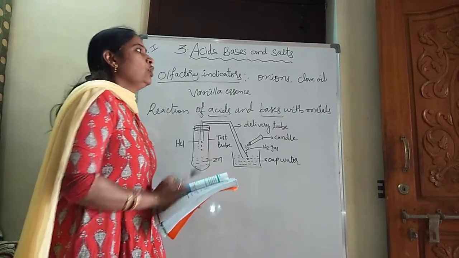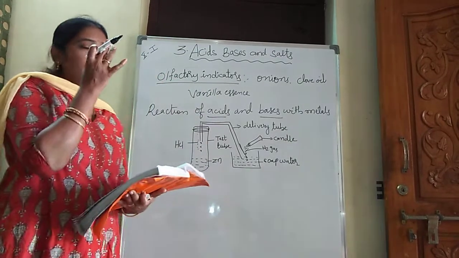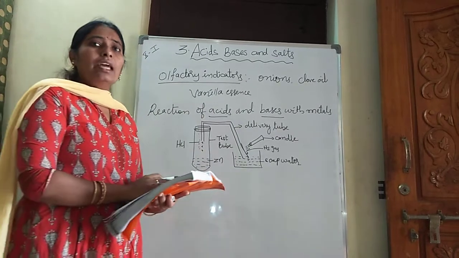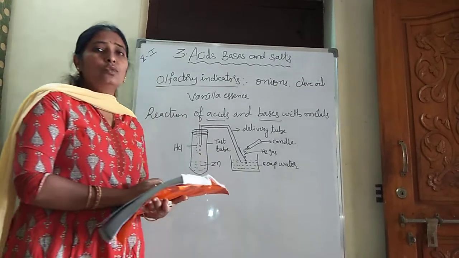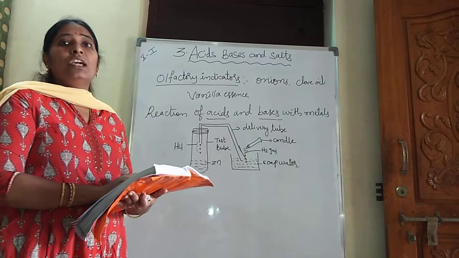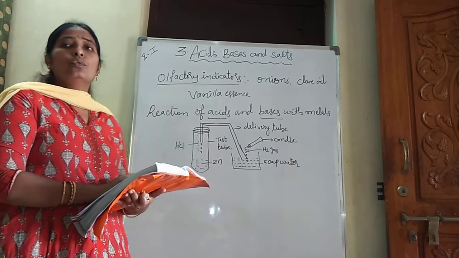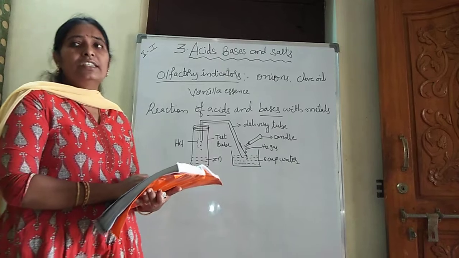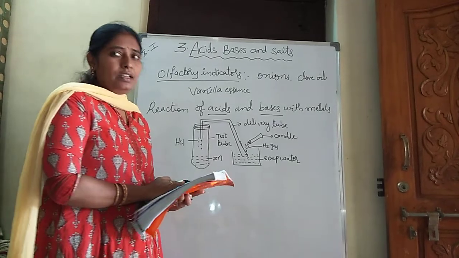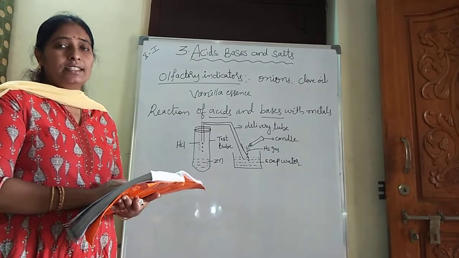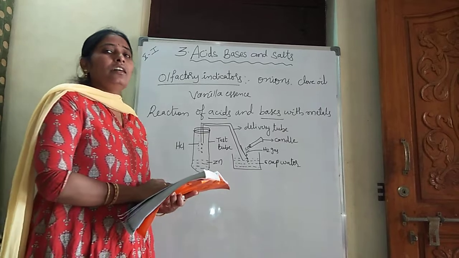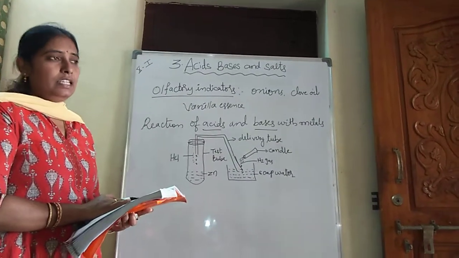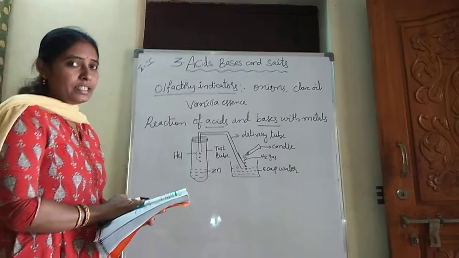Not only that, clove oil, clove means lavang, and vanilla essence. You know very well, in baking cakes they use vanilla essence, where egg is used, to reduce the bad smell of the egg and change its odor, to give a good smell. As it is changing the odor, vanilla essence is also known as an olfactory indicator. Now you are clear about olfactory indicators.